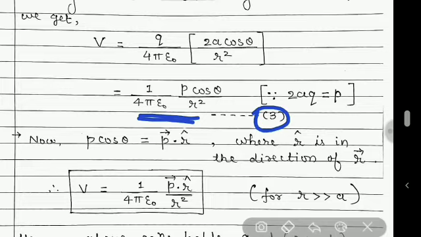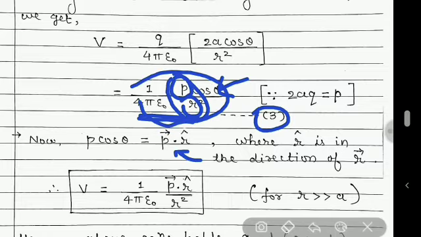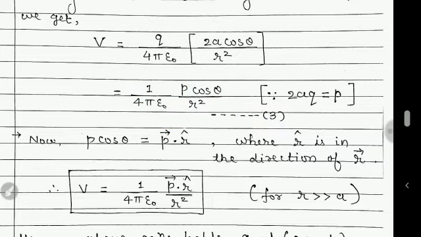Now in this equation p is a vector quantity. Even this distance r is also a vector quantity, and there is a cos theta. So whenever there is a cos theta, and it is a product of two vectors, then definitely that must be a dot product, because the result is a scalar quantity V, which is potential. So it is a dot product of p and r.